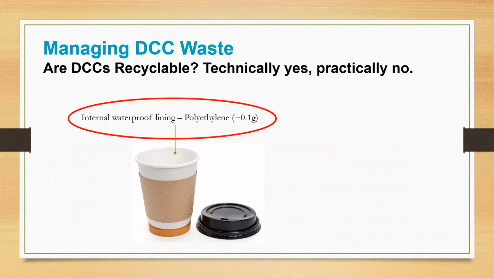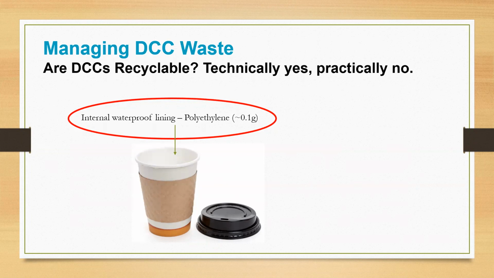It does not separate easily, and technically it's quite a challenge to get this very small piece of plastic off of what is the majority of the cup, the paper, in order to be able to recycle that paper back into pulp. So this is the first major barrier to recycling, which is that it is very difficult. The plastic itself can affect the recycling plant and machinery, and it makes it more expensive to recycle these cups.